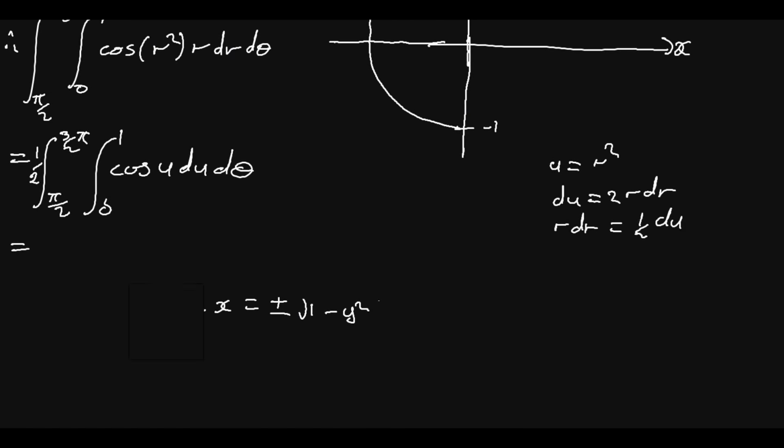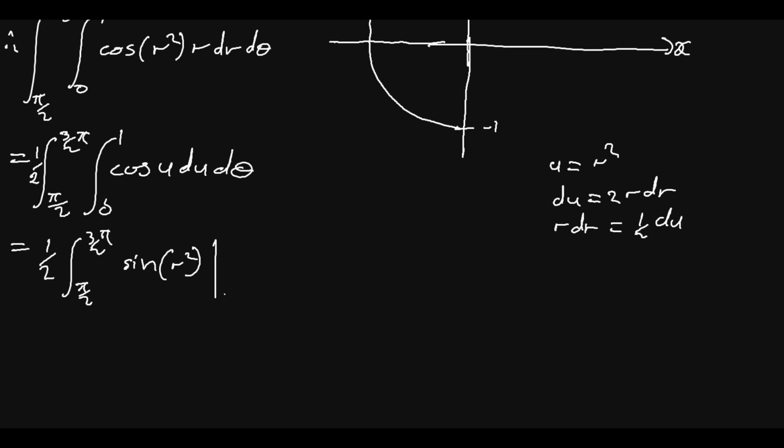So this is equal to 1 over 2, integral from pi over 2 to 3 over 2 pi. The integral of cos goes back to sine, so this will be sine of u, remember u is r squared. Then we apply the limits, 0 to 1, d theta.